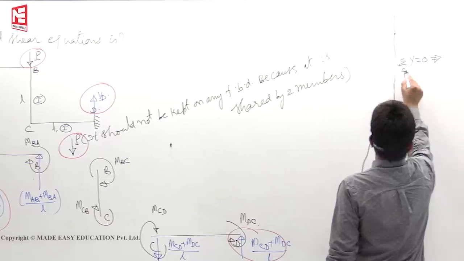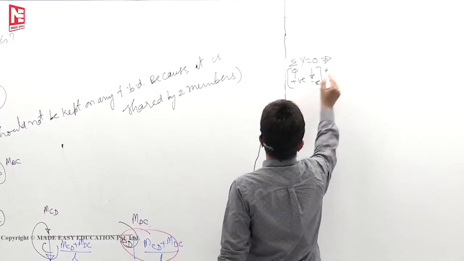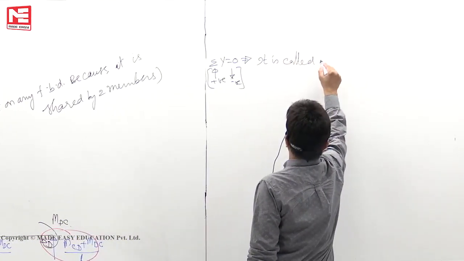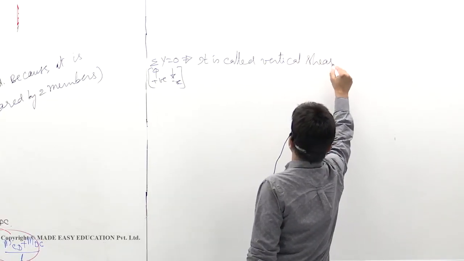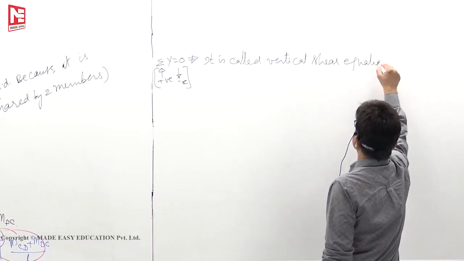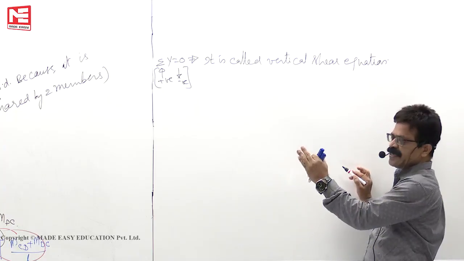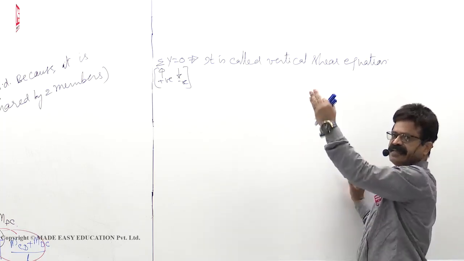Sigma y equals 0, upward force is positive, downward force is negative. It is called vertical shear equation. Why vertical shear equation? Those reactions will act as a shear force on the beams in the vertical direction.